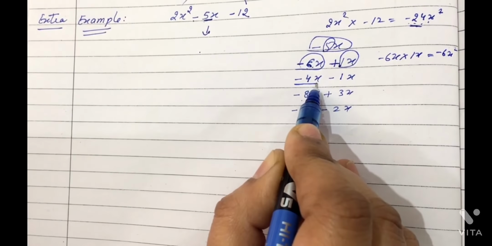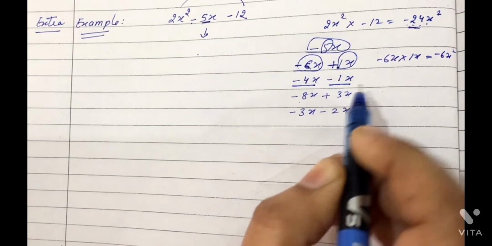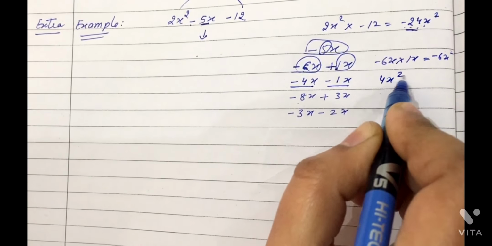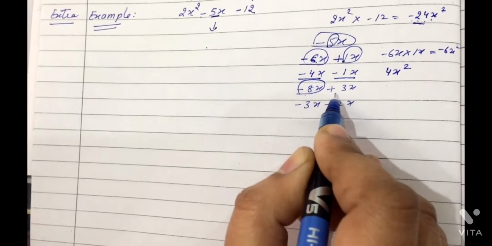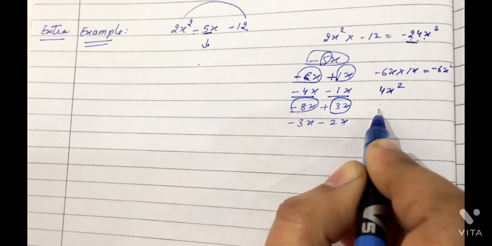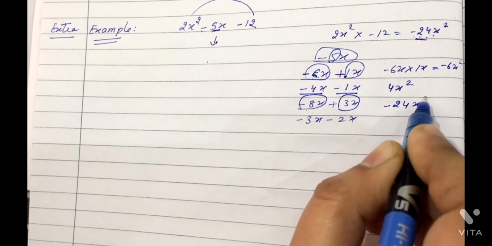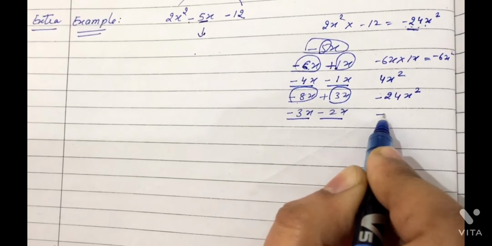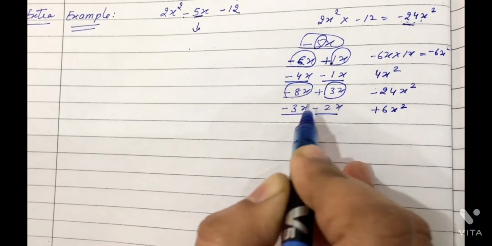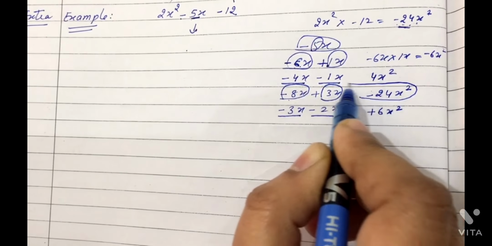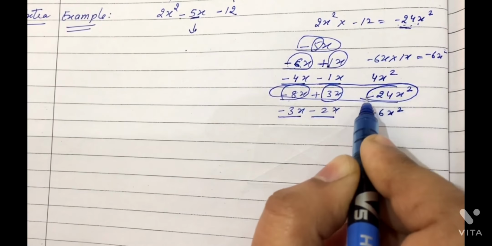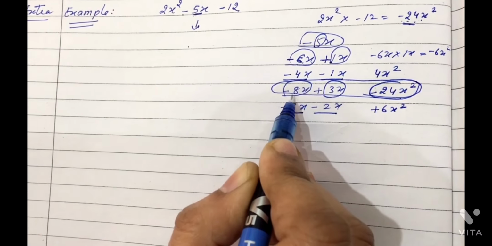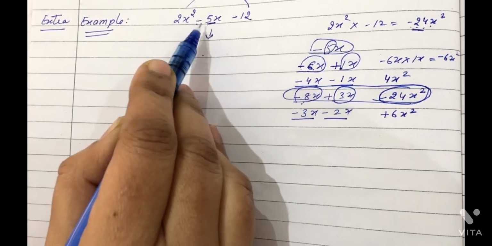Here minus 4x into minus 1x gives you 4x square. Minus 8x into 3x gives you minus 24x square. Here minus 3x into minus 2x gives you plus 6x square. So this combination gives you the product as minus 24x square, and the addition will be minus 5x.